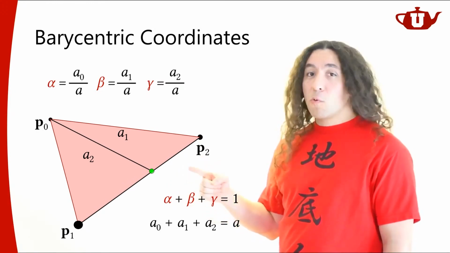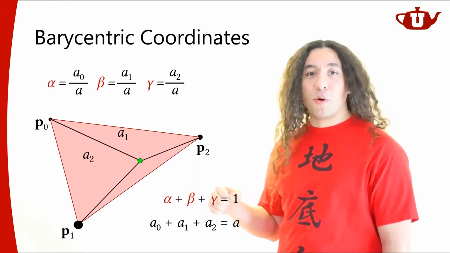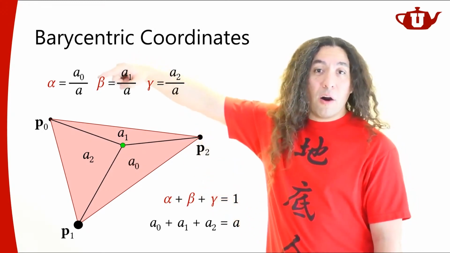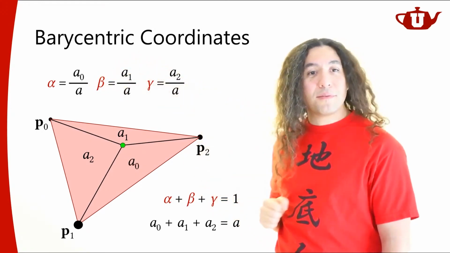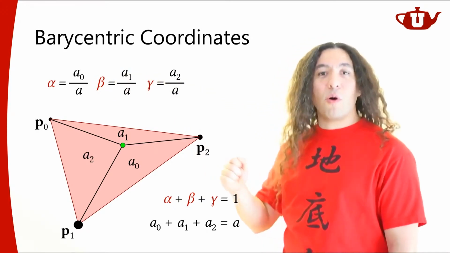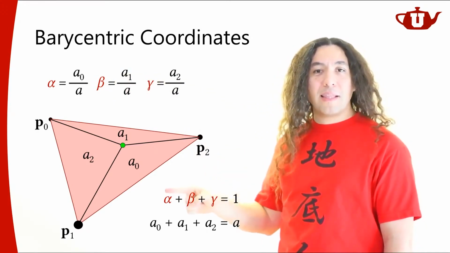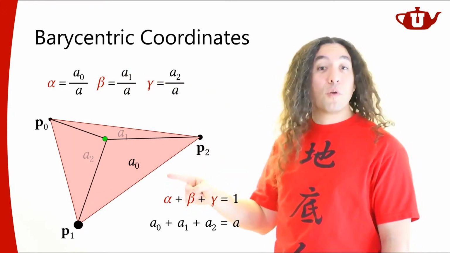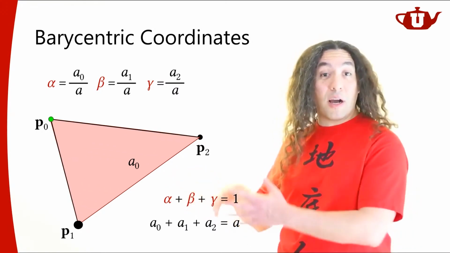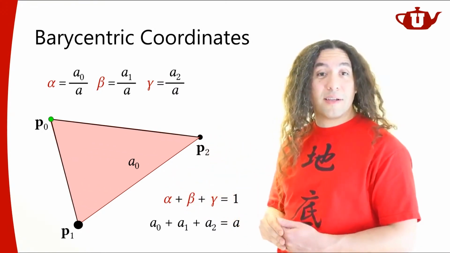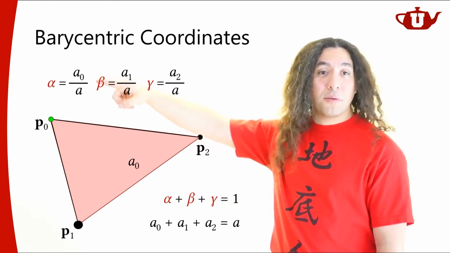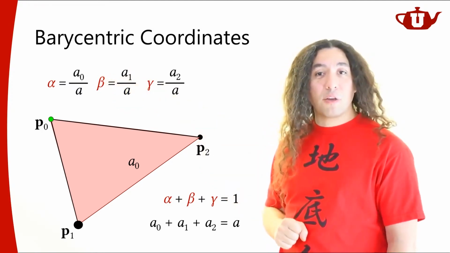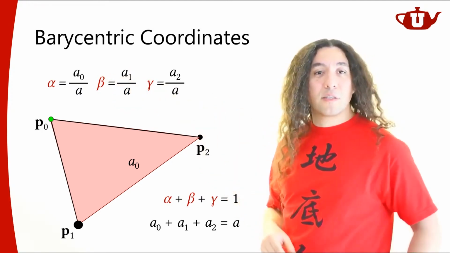That's great. What if I take that green point and move it all the way on top of this P0? If I move it all the way on top of that P0, then the area of A0 will be equal to A, right? It's going to cover the entire triangle. And so the alpha value will become 1 and the others will be 0.